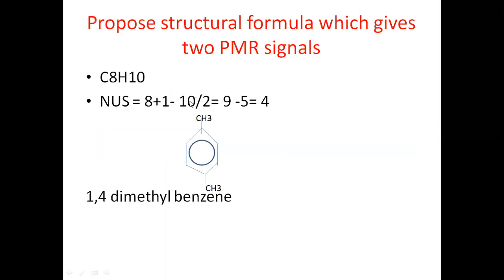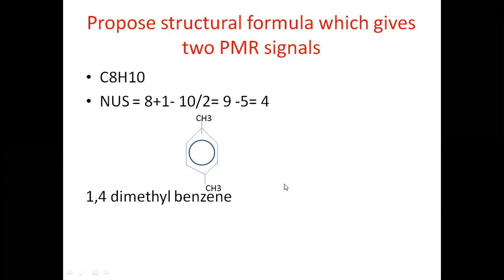So, possible structure. How have we calculated this? 8 plus 1, 9, minus 10 upon 2, 9 minus 5 is equal to 4.